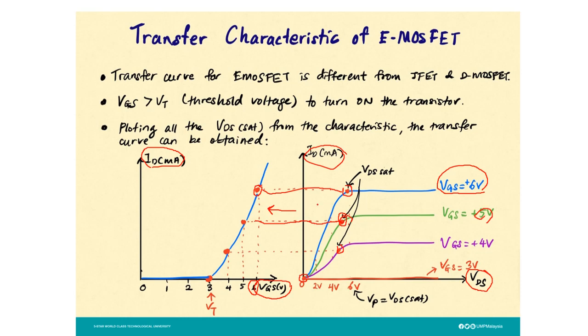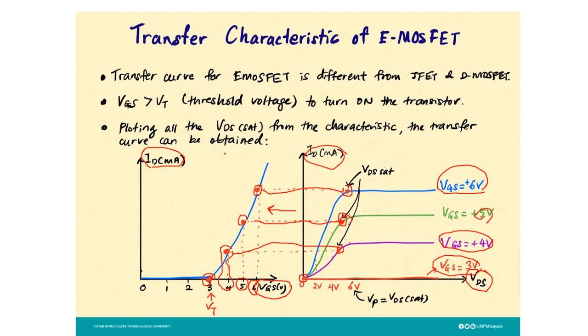You can look at the detail in my notes. Then for 5 volt, you get here 5, and this is the ID. For VGS equal to 4, we get the point here. And when VGS is 3, the ID is equal to 0.